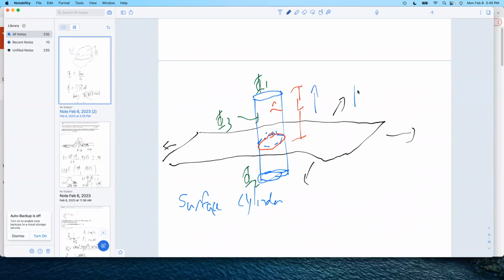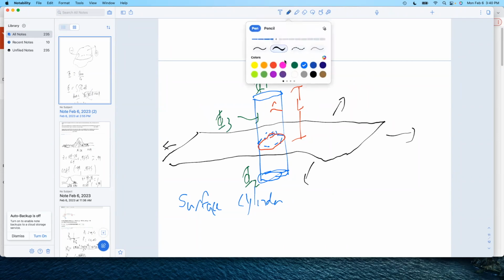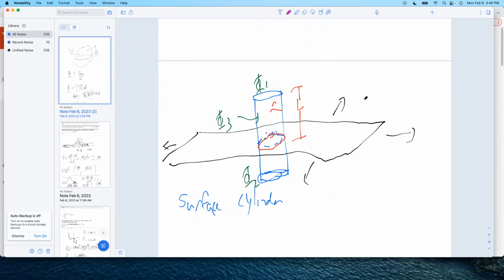So I'm going to draw a bunch of E's here. Maybe I shouldn't do blue since I already used blue for the diagram. Pink. So these are all E. Let's draw some here on the surface. Down here, the electric field will still point away, but now that's down because away is down.